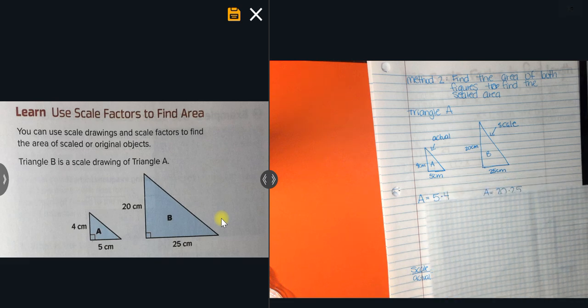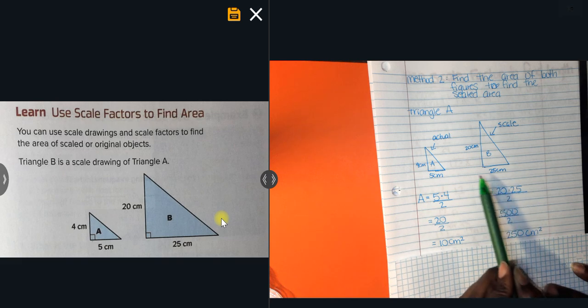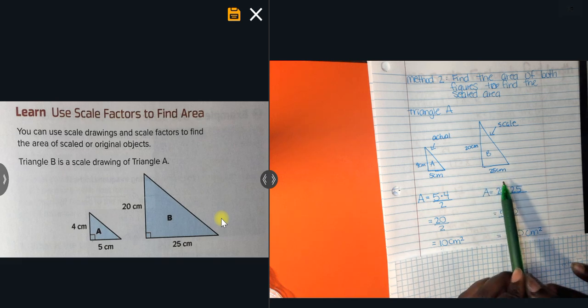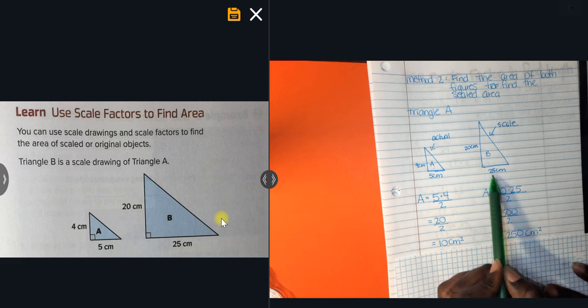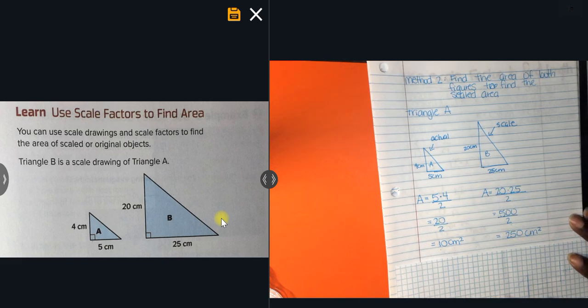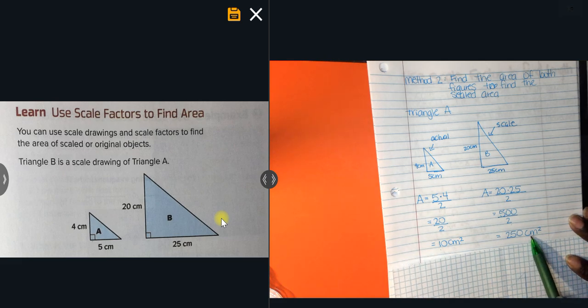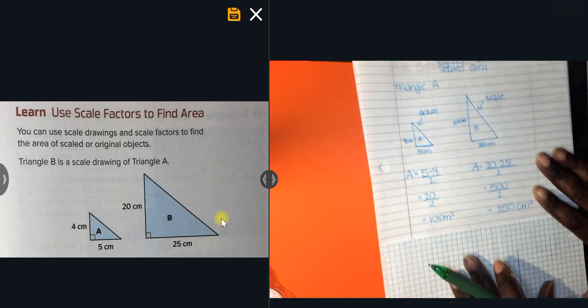For B, I'm going to do the same thing. I take the base times the height and divide it by 2. I mixed them up, but either way it's still the same. So I took 25 and 20, multiplied them, and divided by 2. Now what I have is 250 square centimeters. This is squared, so now I'm going to use that formula.